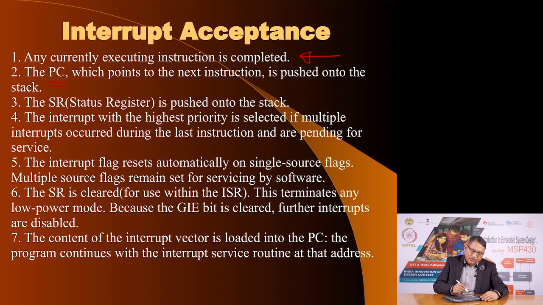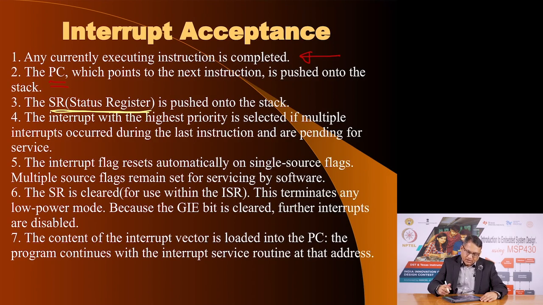And so, the microcontroller saves the value of the program counter on the stack. Then, apart from the program counter, the state of the microcontroller is reflected in the status register. Even this is saved on the stack, so that when you resume your interrupted program, you can resume with the state which you had before the interrupt happened.